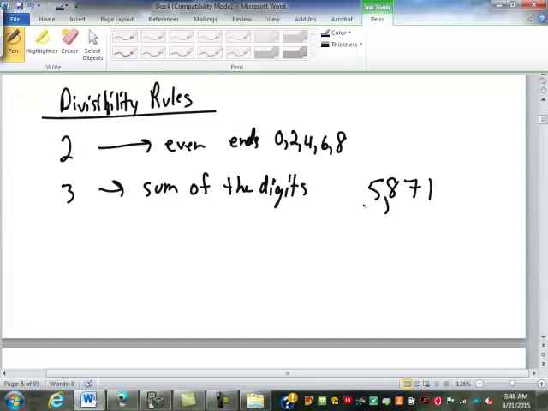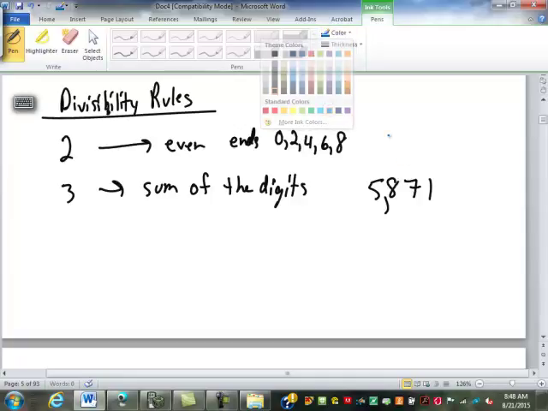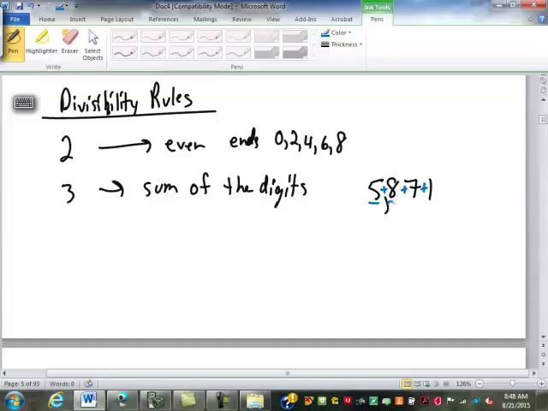5,871. To tell if that's divisible by 3, we're going to add up the digits. 5 plus 8 is 13 plus 7, 20 plus 1, 21. Is 21 divisible by 3? Yep, so then this is divisible by 3.